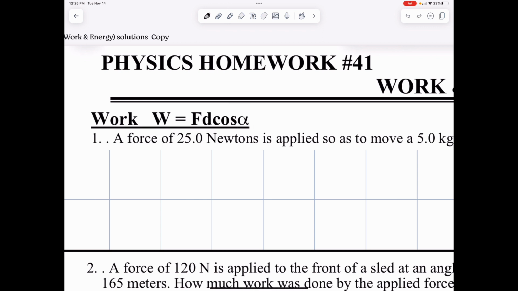But another way to think about it is work is just equal to a parallel component of force times distance. Now, if you looked at it, your parallel component of force is your force times your cosine of the angle times your distance. So this really is the same thing as writing it this way. So keep that in mind. You have multiple options as to how you can do that.